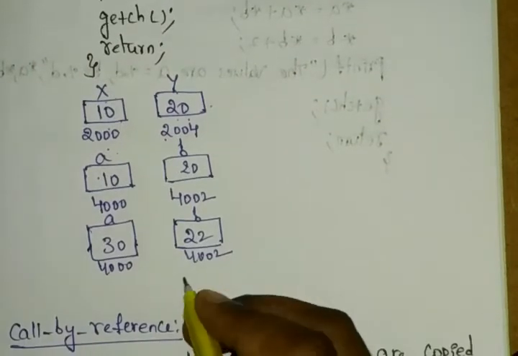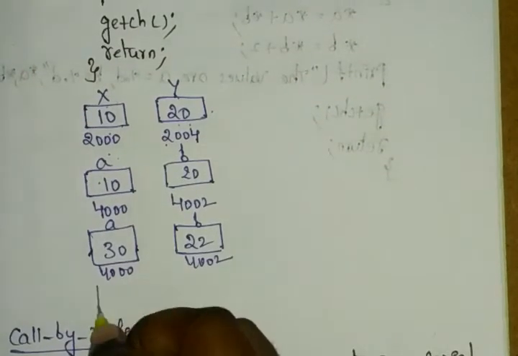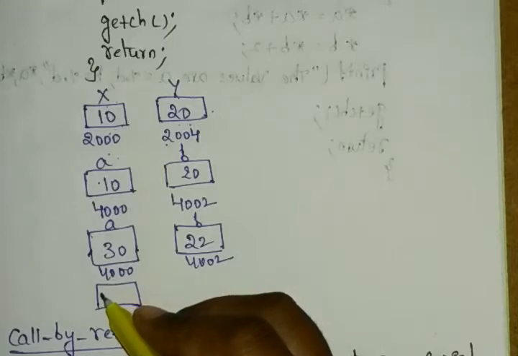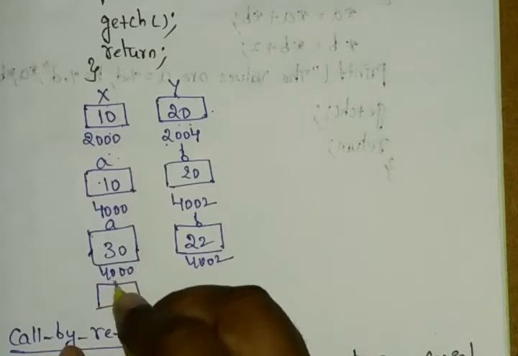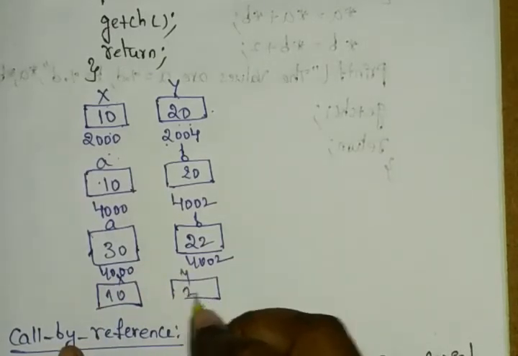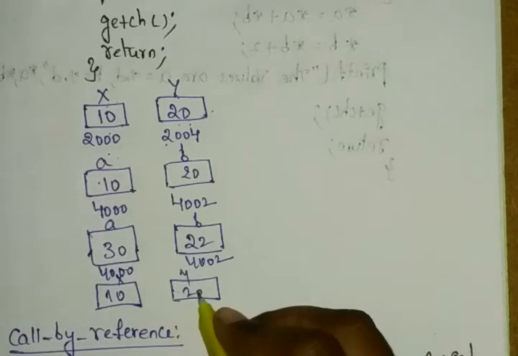Whatever the values of x and y, those will not be affected in our call by value. They remain constant. When you check our x and y values, they remain constant only.